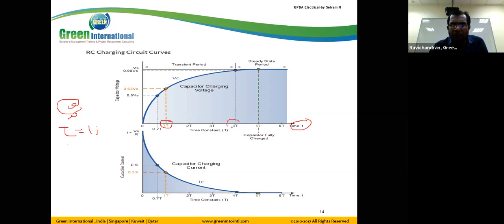At four time constants, it reaches 98%. At 5 tau, it reaches almost full voltage.